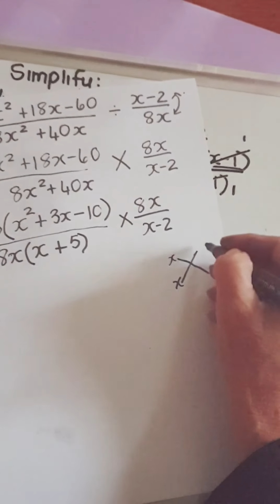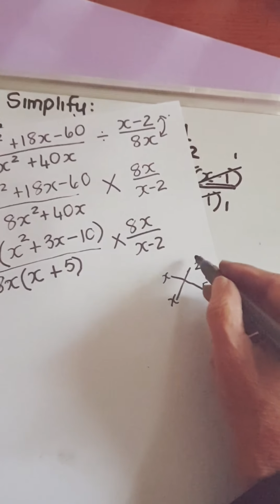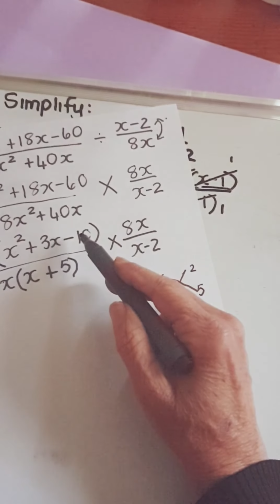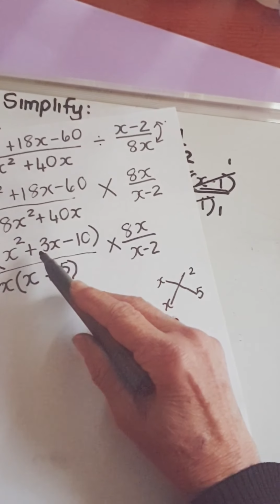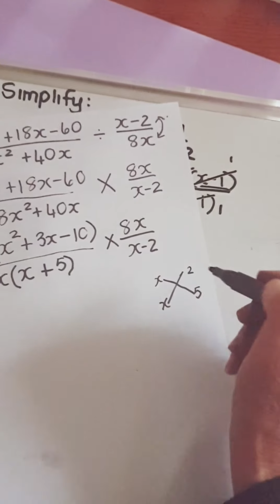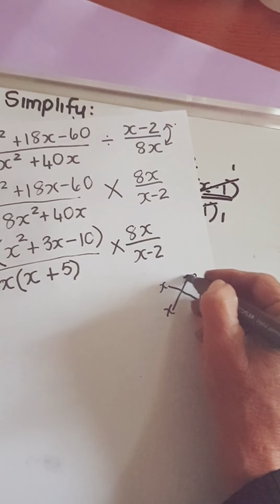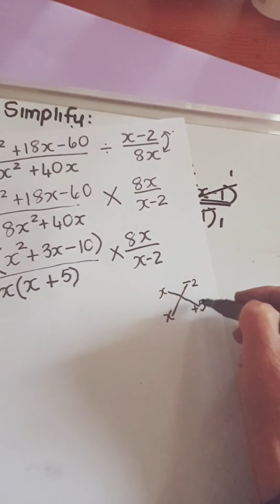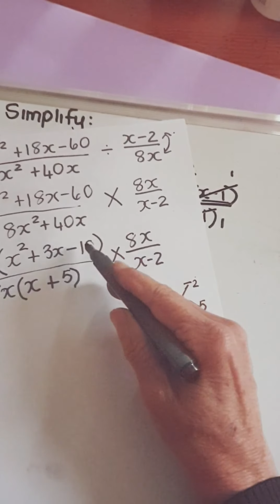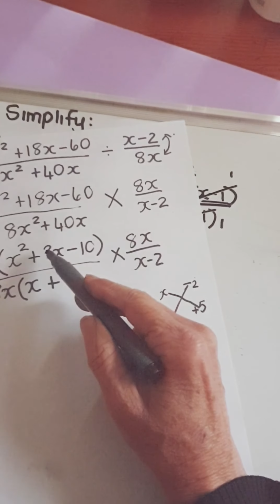So let's just see. I'm going to use 2 and 5. But if I now multiply, it must be a negative 10. And if I add, it must be a plus 3. So the biggest factor must be positive. So it's going to be plus 5 and a minus 2. Because minus 2 times 5 give me minus 10. And 5 minus 2 is going to give me the 3 in the middle.